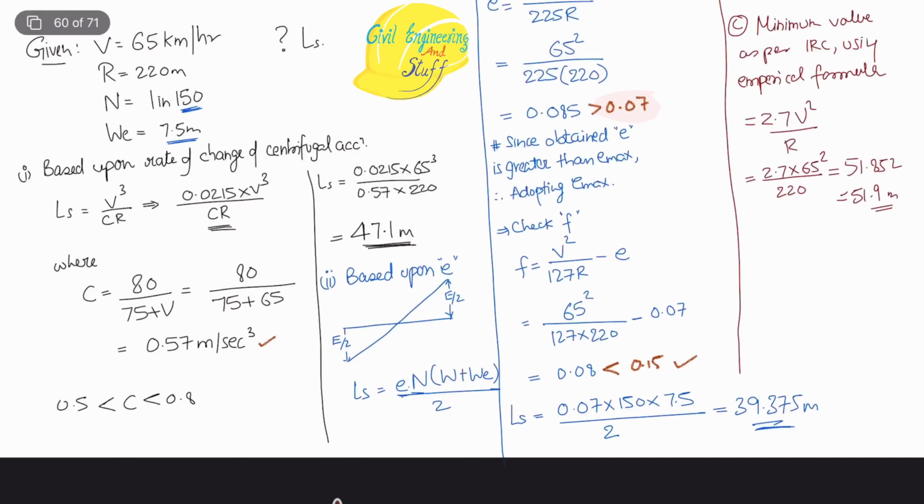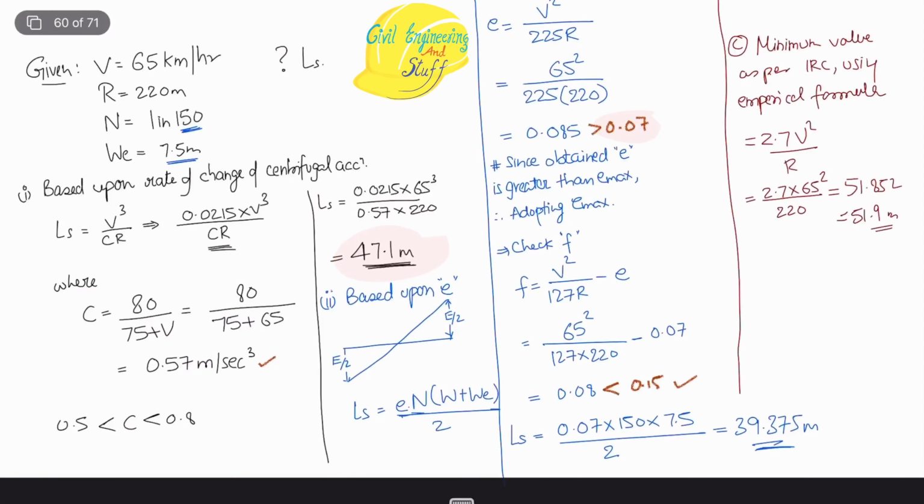Now we have three values, right? So we have 47.1, we have 39.375, and we have 51.9. And what we have to do is adopt the highest value, and the highest value is 51.9 meter.